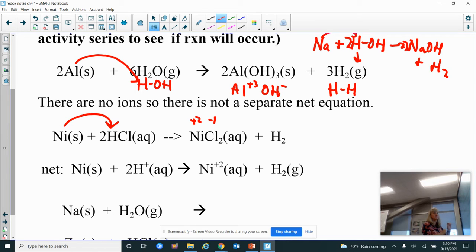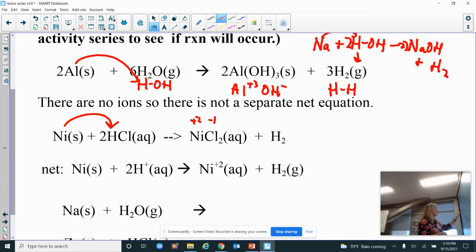In single replacement reactions, you do have to write ionic equations when there's ions present. So if it is a solid, it is not an ion. But if it is a strong acid or a soluble ionic compound, it has to be split up into ions.